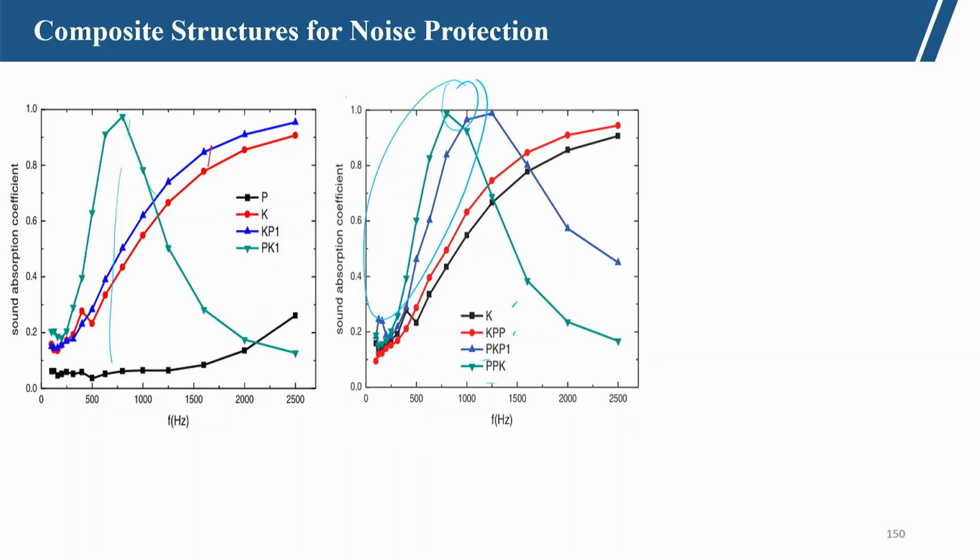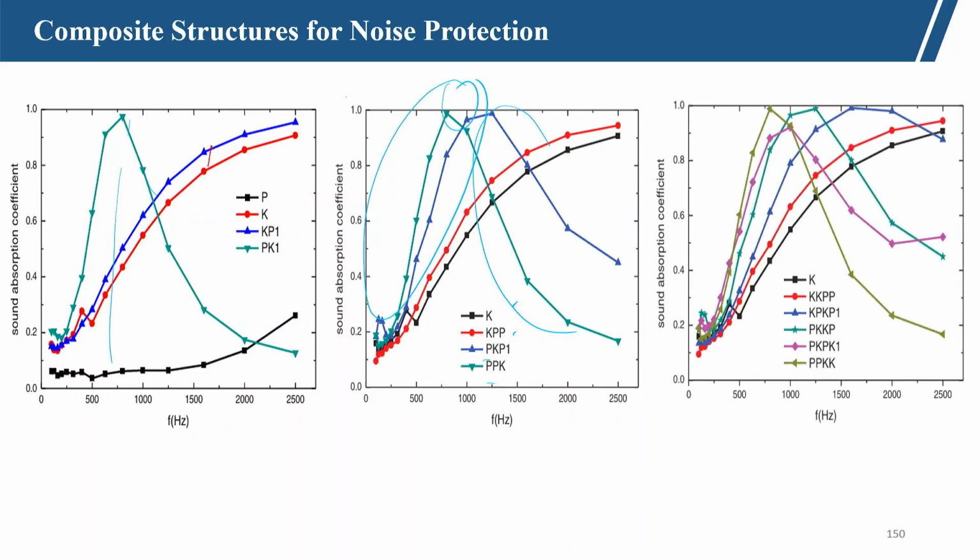So, at lower frequency level, when we put the polyethylene at the face, sound absorption will be very high, but at higher frequency level there will be a significant drop. Now, these are the 4 layer. In 4 layer the similar trend is observed.